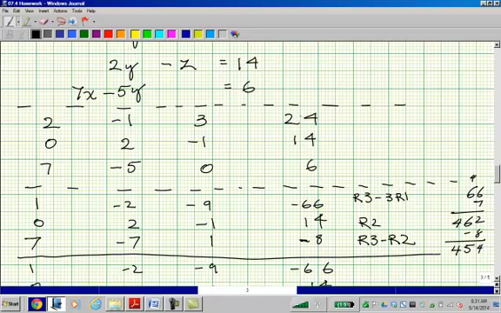R3 minus 3R1, that gives me 1, -2. Okay, R2, I take it as it is because I got a 0. And I'm going to take R3 minus R2. That's going to leave me with a 7 here. So I don't get a 0 here.